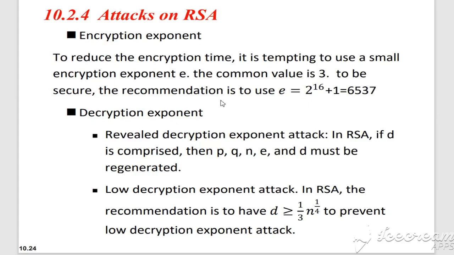For the decryption exponent attack, there are two kinds: the revealed decryption exponent and the low decryption exponent. In case of the revealed decryption exponent, when the decryption exponent is revealed to another user, they can easily get the plain text by using it. So in RSA, if d is compromised, then the suggestion is that we should change all the values.